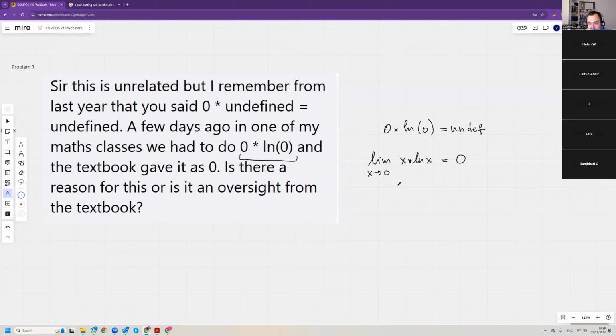Okay. So how can we prove that? Even though ln 0 is technically negative infinity, and this is technically 0, this is true. How can we prove it?